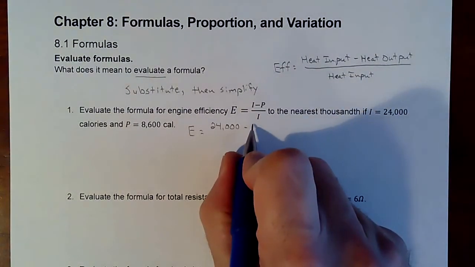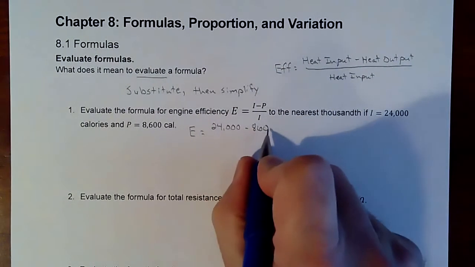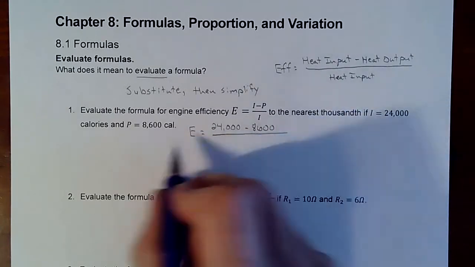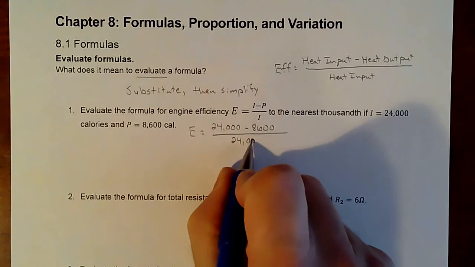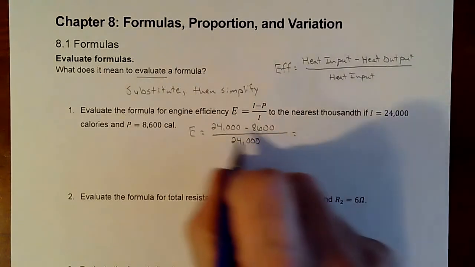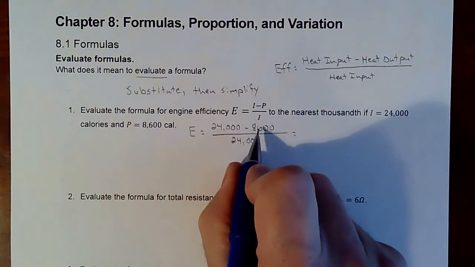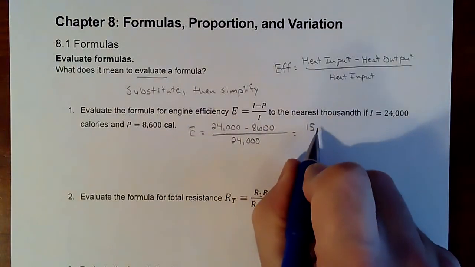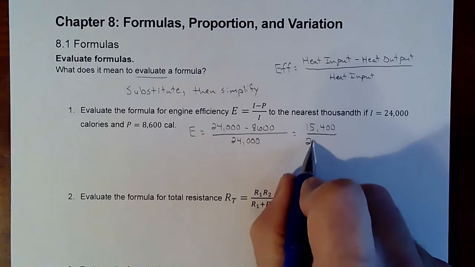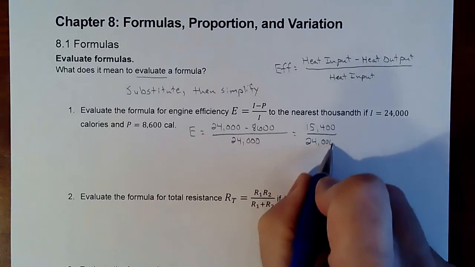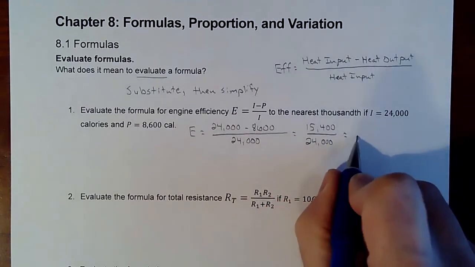So we're just going to be subtracting out 8,600. And then we are dividing by the 24,000. Okay, so we throw this in a calculator. 24,000 minus 8,600 is 15,400. We're going to divide it by 24,000.